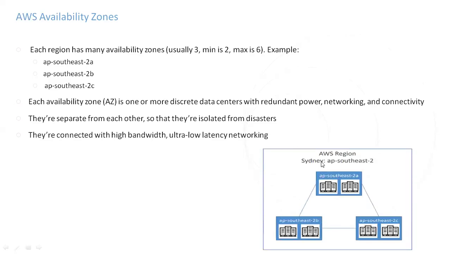Just like Sydney is one of the regions, and within the Sydney region we have three availability zones, all connected with high-bandwidth, ultra-low-latency networking, and separate from each other. So if one of the data centers is lost due to a disaster, your application is still available and your data is not lost. That is the advantage of cloud computing.